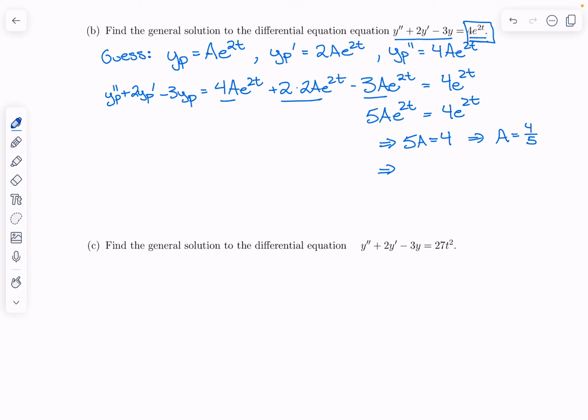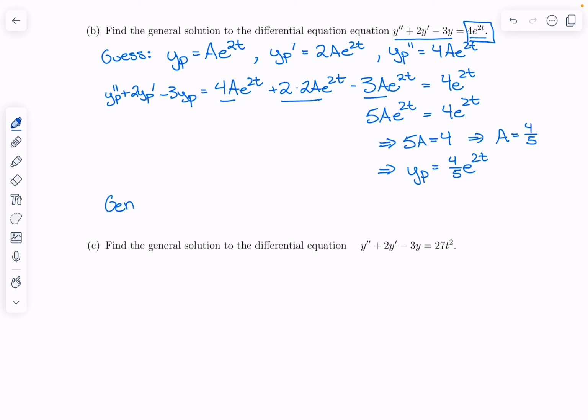So my particular solution is in fact 4/5 e to the 2t. I would encourage you to plug this particular solution back into the differential equation and see that the left-hand side is indeed 4e to the 2t, which is on the right-hand side.